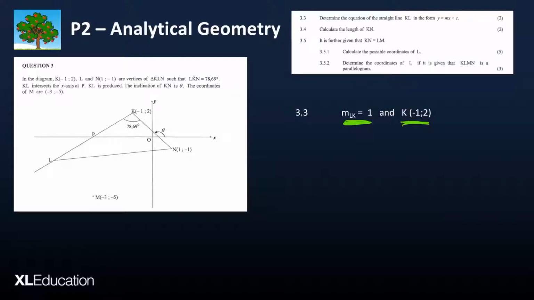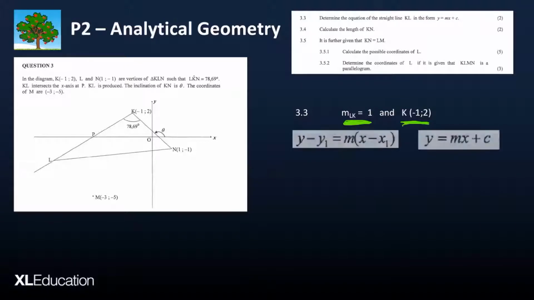And there is a point K which is (-1; 2). So what you simply need to do is to choose either of the two formulas to find the equation of a straight line from your information sheet. You either use this one or you use that one. You substitute and simplify, and make sure that you leave it in the form that they've stated. Even if you choose this form, when you simplify, you have to make y the subject of the formula so that it looks like this.